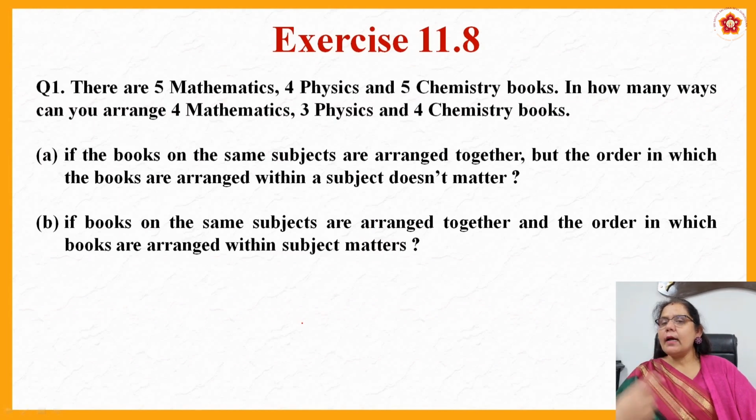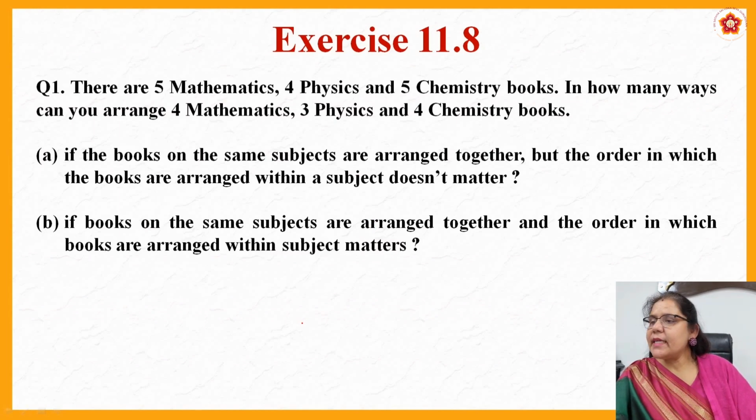Question 1 is, there are 5 mathematics, 4 physics and 5 chemistry books. In how many ways can you arrange 4 mathematics, 3 physics and 4 chemistry books? So how are we going to attempt this question?